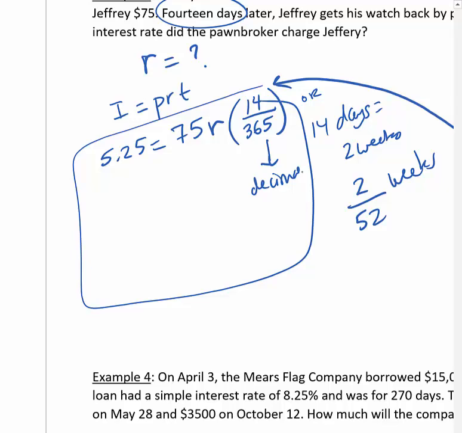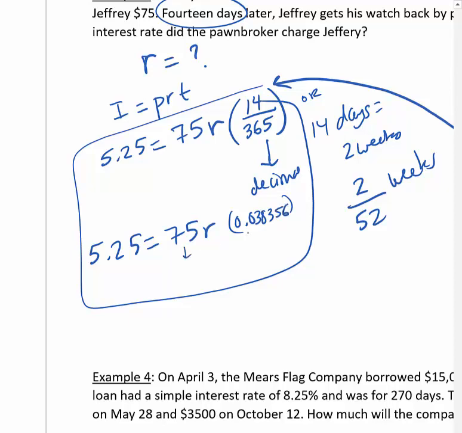Okay. Let's see here. I'm going to get my calculator. First I'll make that a decimal by dividing 14 by 365. I'm getting 0.038356, somewhere in that vicinity.